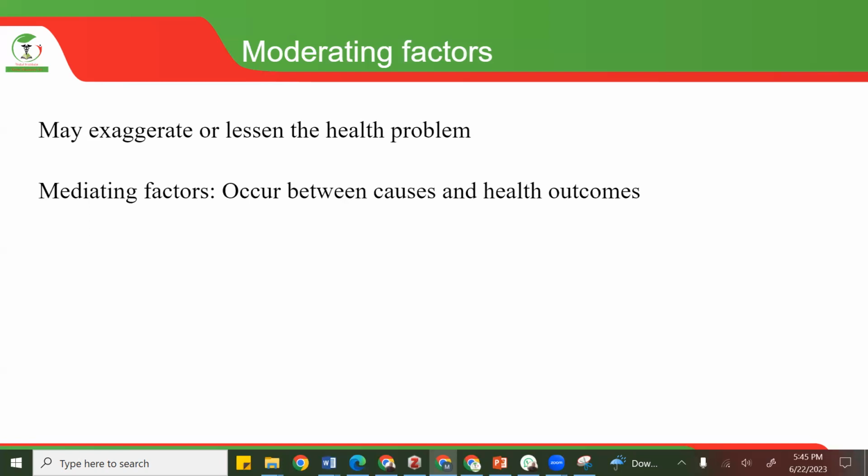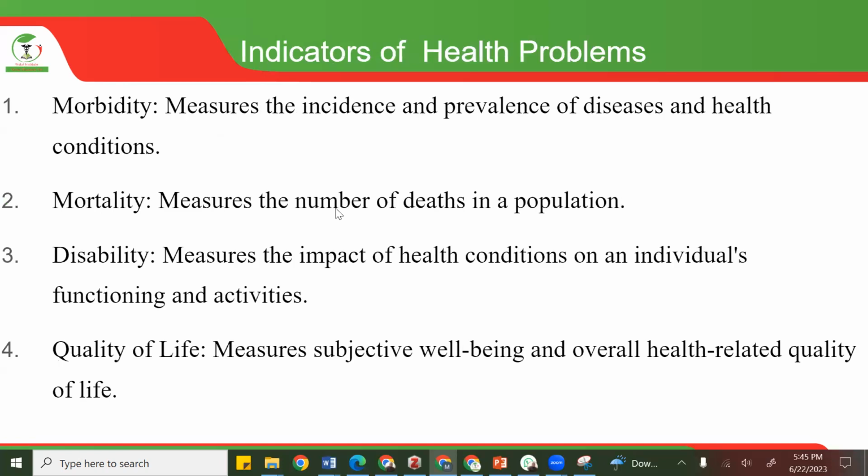Or the diarrheal conditions actually cause acute malnutrition. So these are moderating factors. They can increase or decrease. Then we have what we call the mediating factors. These happen between the cause and the health outcomes. This could be, for example, the health system. If the health system is responsive and can address some of these illnesses or health problems, then the better. But if the health system is weak, then you can have poor outcomes.